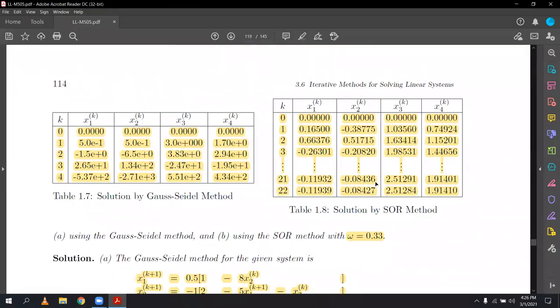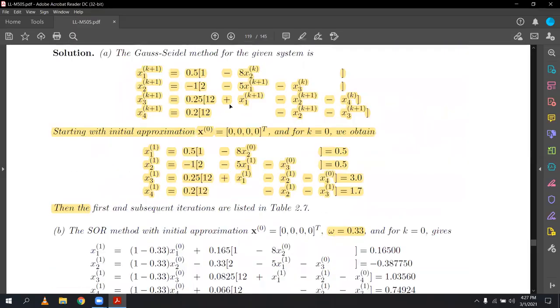Doctor. Yes. I have a question about omega. The last step, how can we find omega? You said the calculator, do we use the calculator? No. You know how to find omega. The omega formula, I gave you the optimal value of omega formula.